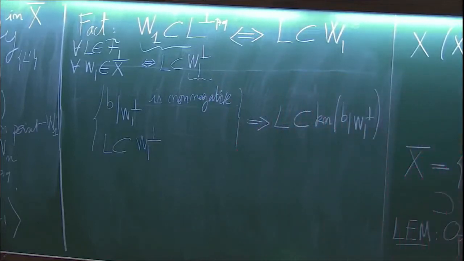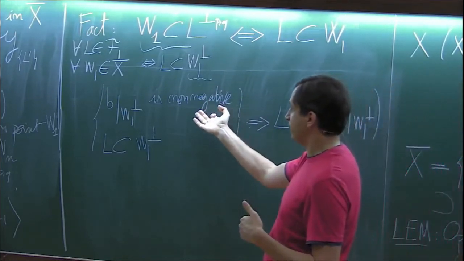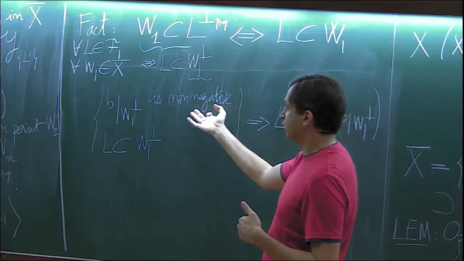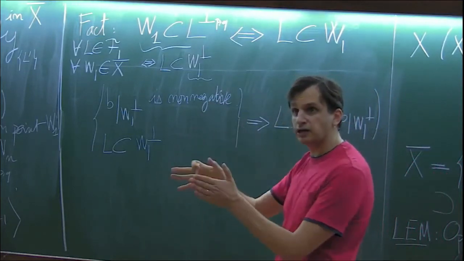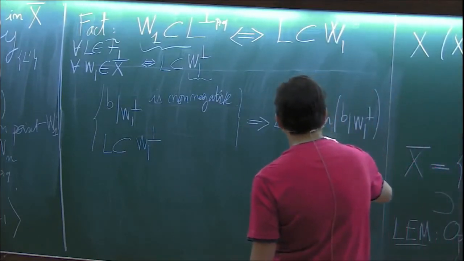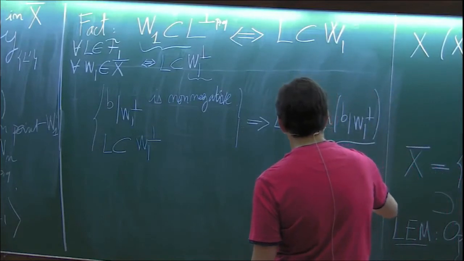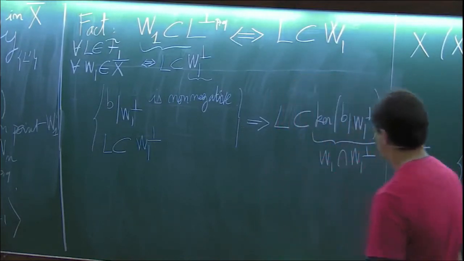The only isotropic lines where the form is of a definite sign, either non-negative or non-positive, are the lines contained in the kernel. And the kernel in this situation is exactly the intersection of W and W orthogonal.